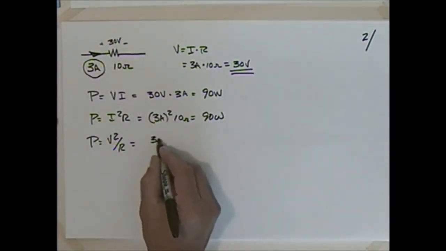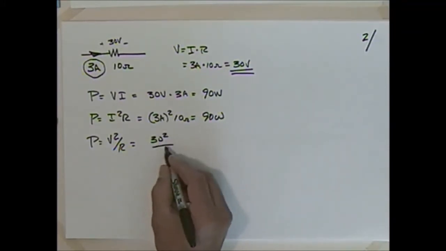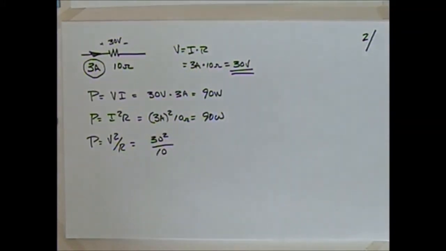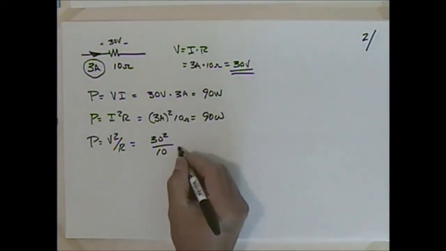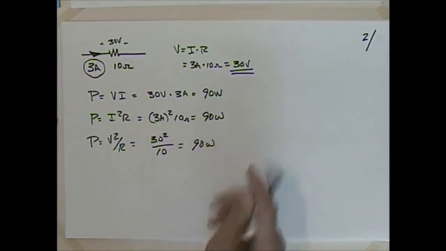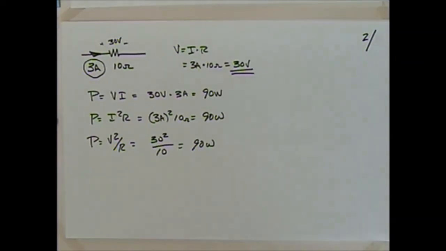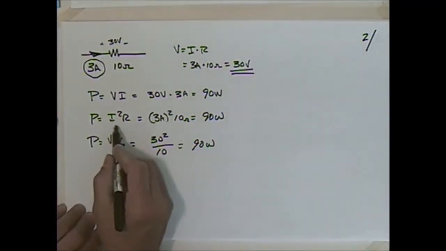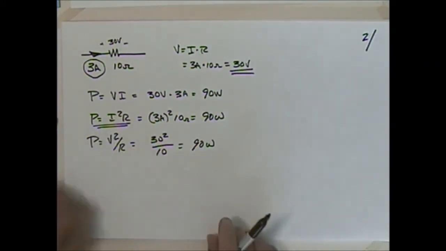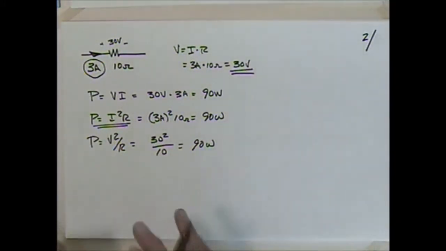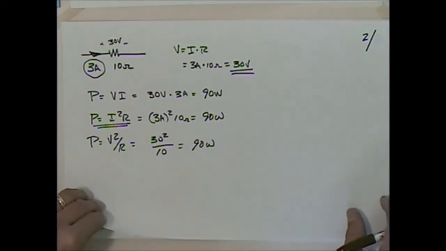So we have 30 squared divided by the resistance of 10. This is 900 divided by 10, or 90 watts. So lots of ways of doing that. But I squared R is really useful when you start looking at trying to not have the losses when you transfer large amounts of power or power over long distances.